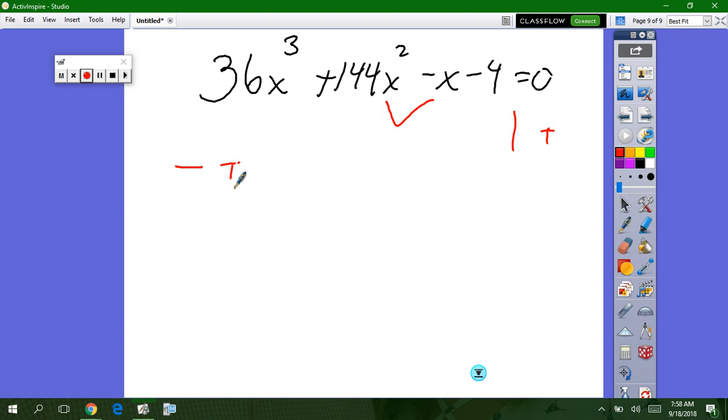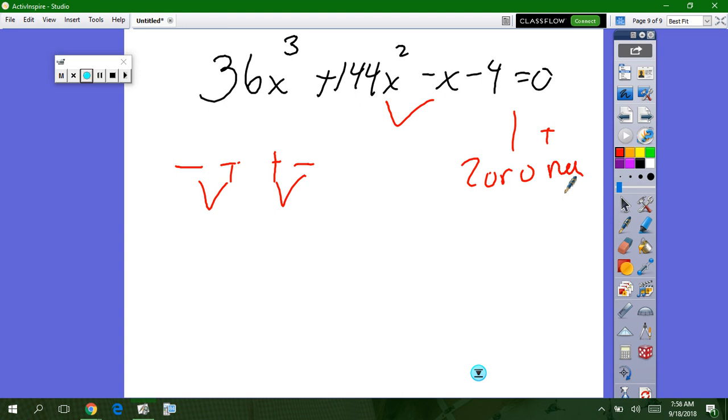Is he going to change or stay the same? Change, so he's a positive, and -4 has to stay the same, so he's a negative. How many sign changes? 1, 2. So that means I should have 2 or 0 negative. But I guarantee I have one positive, right?